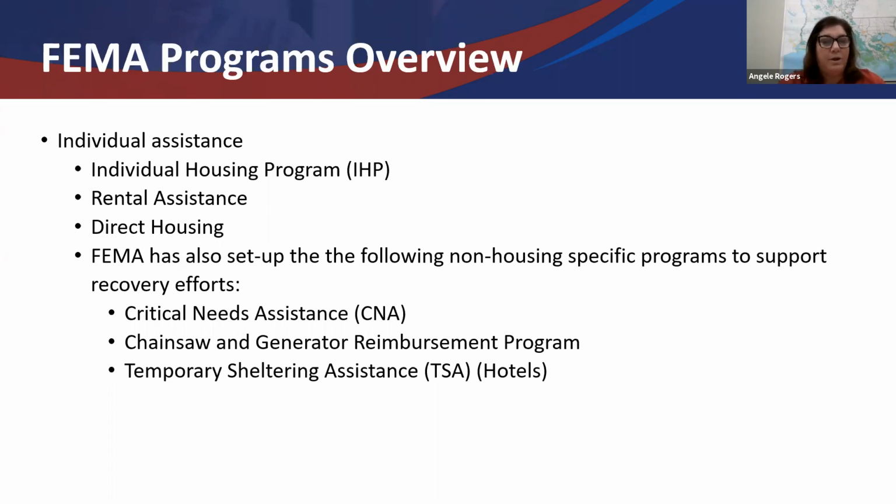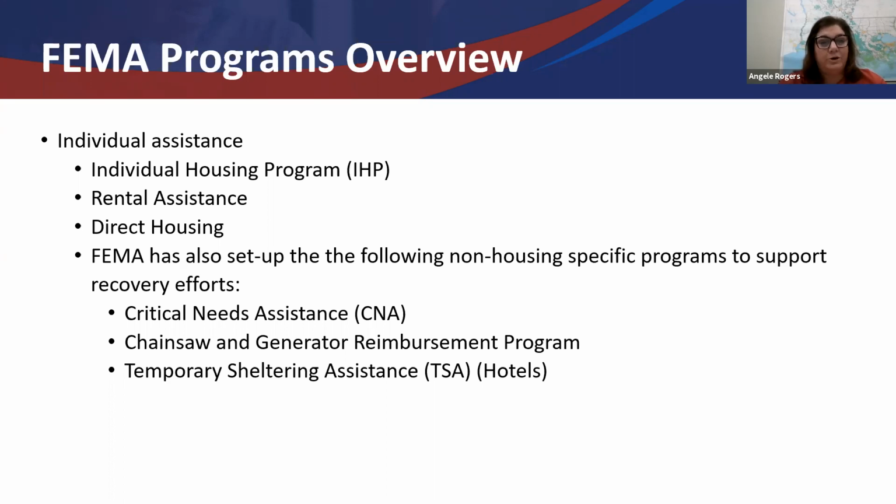This program is what we call SBA dependent, Small Business Administration dependent. And I know SBA will be talked about briefly after. But for those people that receive an SBA application but are denied, they are sent back to us to see if they qualify for the other needs assistance program.